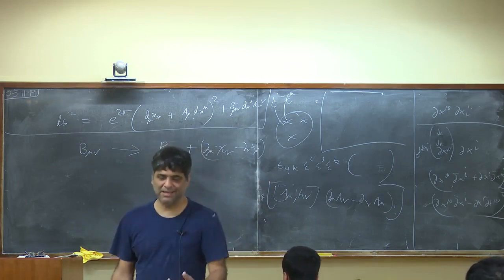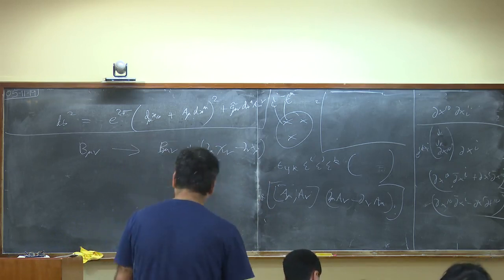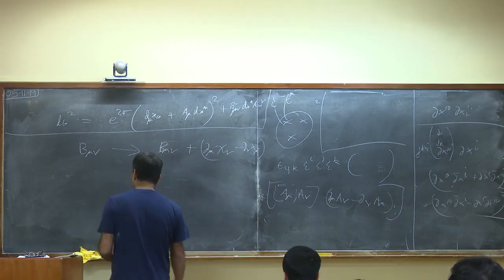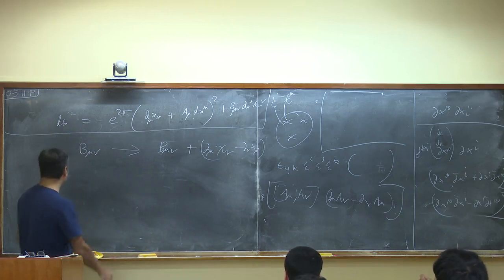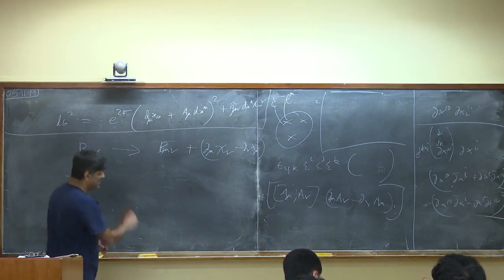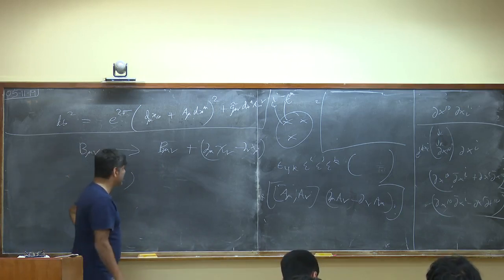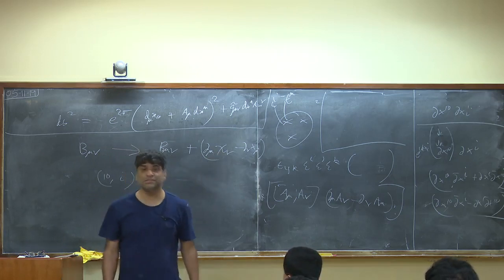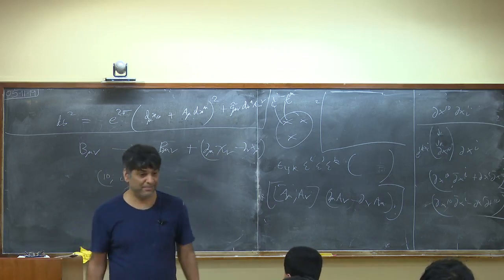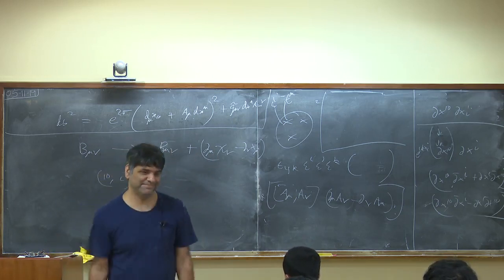B goes to B plus d chi, where chi is a 1 form and d chi is a 2 form. Okay. Now, once again, let's take this configuration where we had 10 and i. Once again, our chi's are only allowed to be functions of x mu. But nobody stops us from choosing also a chi 10.